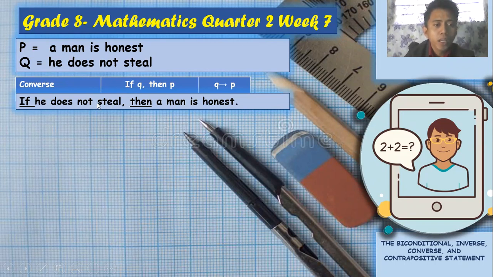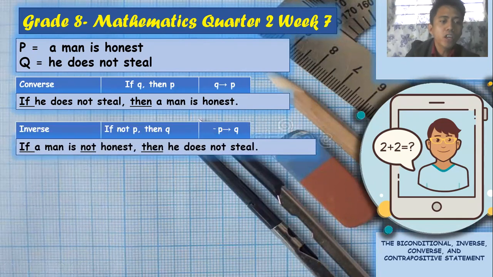So if he does not steal, comma, based on the pattern, followed by the word "then," followed by P. What is our P? A man is honest. Therefore, by simply following the pattern, we can conclude that our converse statement is: if he does not steal, then a man is honest. Okay, is this clear?